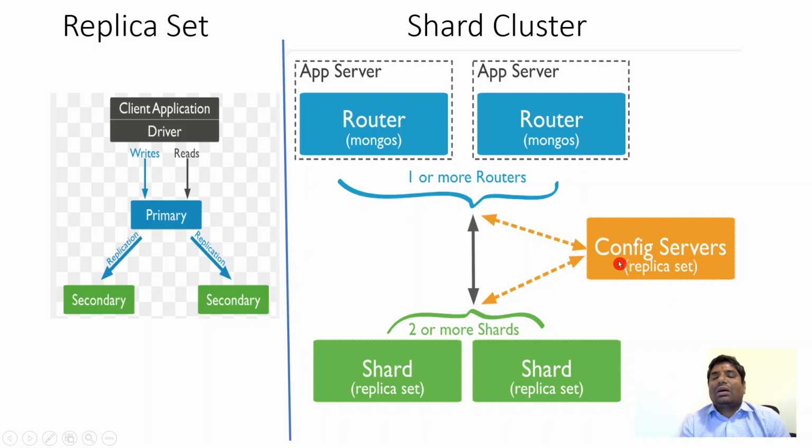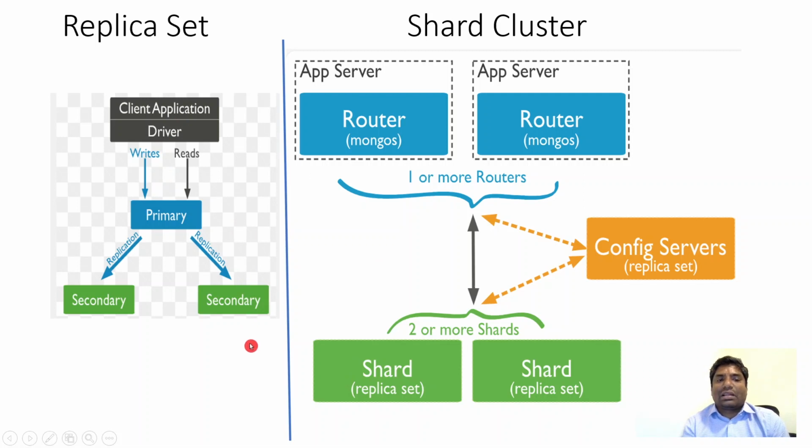The config server is aware of where that shard key data has been distributed. Here in this particular case, we can see only shard 1 and shard 2, two shards. In the enterprise, you will have as many as needed. So where are all the nodes which have the data? Every shard again represents a replica set. That is what I was telling.